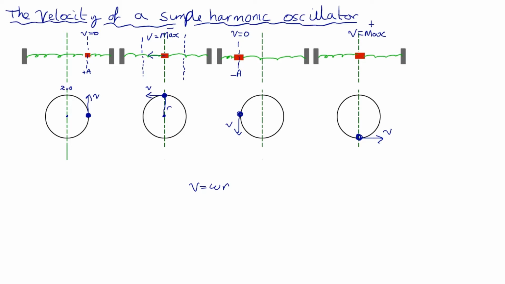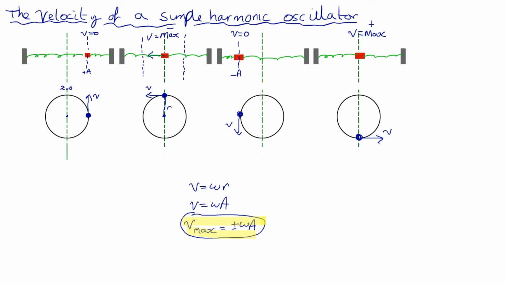In the auxiliary circle, r is the displacement, the amplitude, so v equals omega A. That's only equal to the velocity of the oscillator when the oscillator is in equilibrium at its maximum velocity. But that's really powerful, because it means the maximum velocity of an oscillator is either plus omega A when it's going to the right, or minus omega A when it's going to the left. That's quite an important thing to realise.